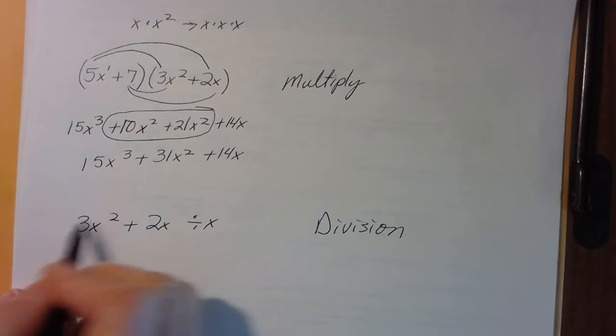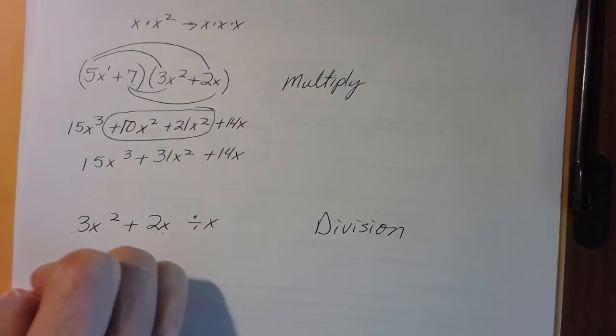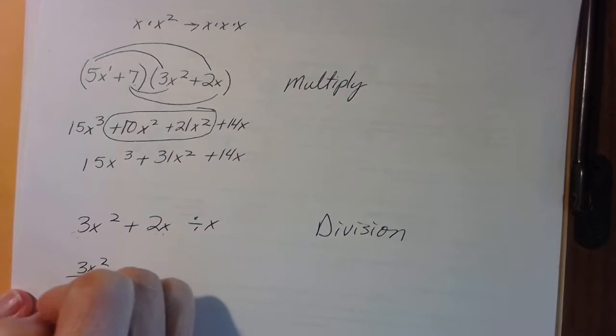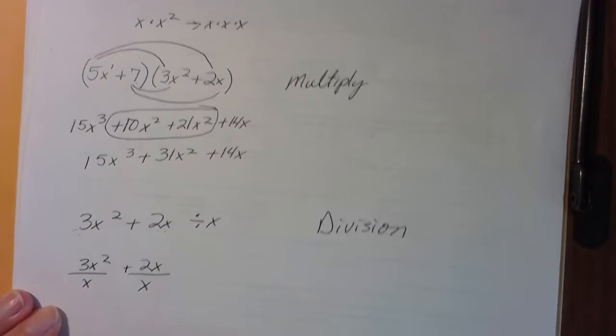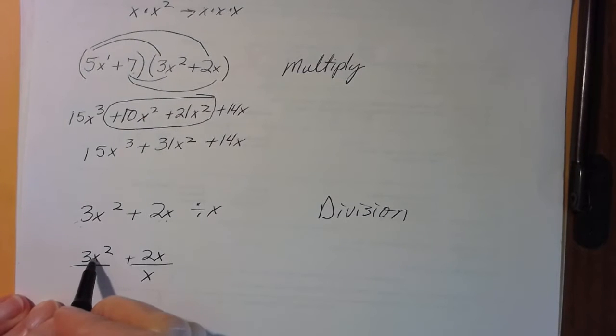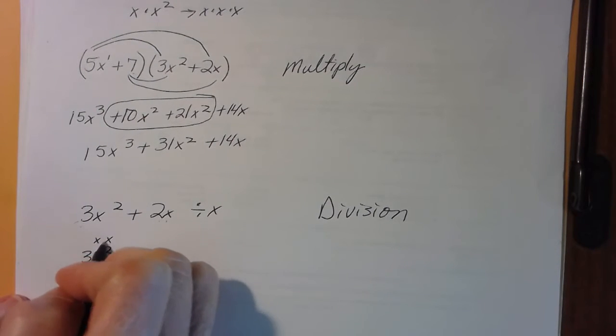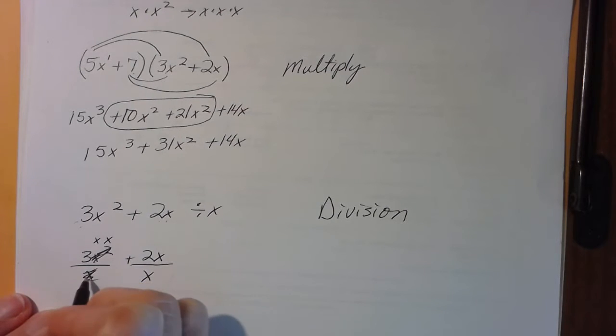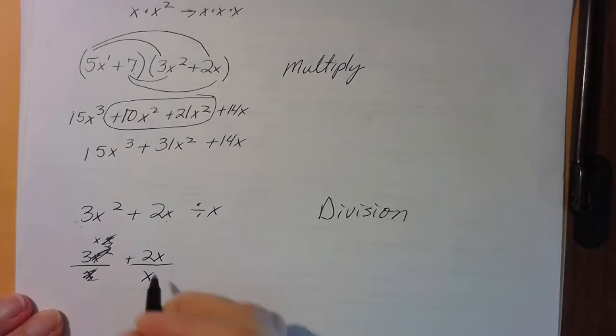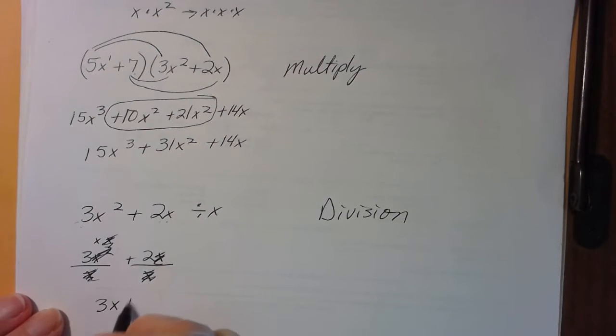That basically means you're taking each of these terms and you're dividing them each by x. And you know your fraction rules. This x squared is like saying you've got x times x. So basically when I'm doing fraction rules, I'm reducing an x for an x, an x for an x. So this would reduce to 3x plus 2.